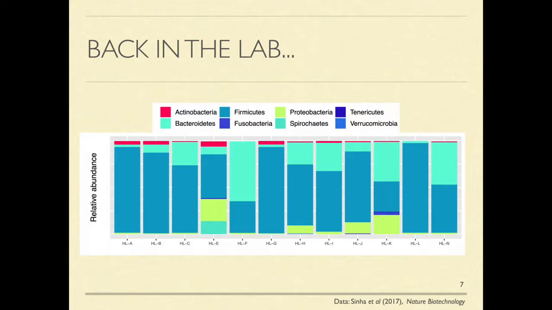So just want to be really clear, this is an identical sample viewed through the lenses of 12 different laboratories who perform this sort of sequencing. And what you can see is some pretty staggering differences in not only how much of each bacterium is there, but even who is there. And so what we're seeing is that different labs are getting different estimates of the relative abundance of different taxa.